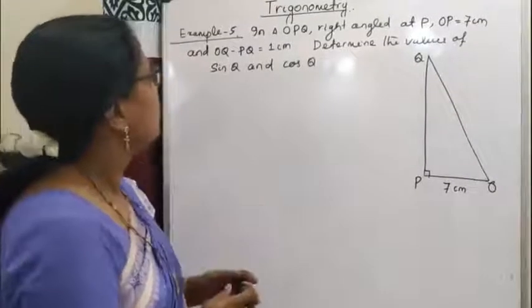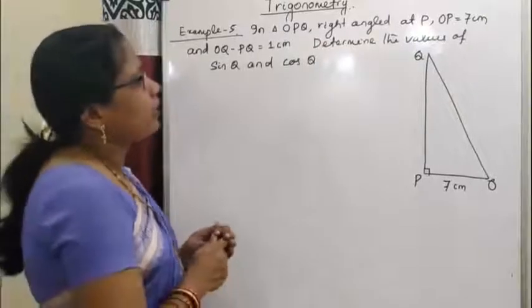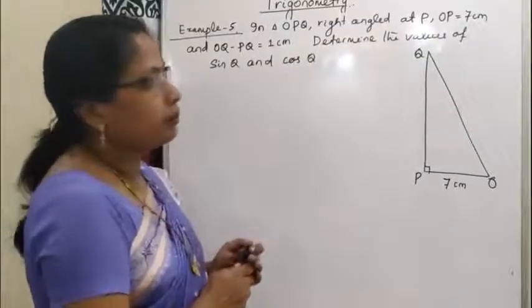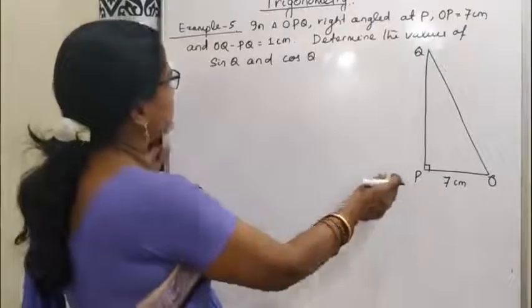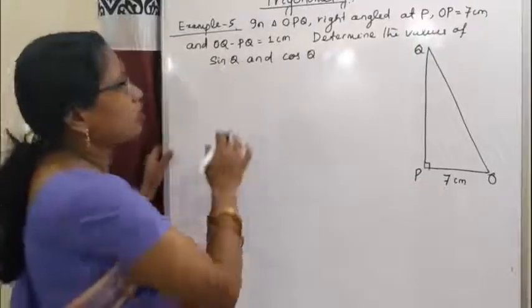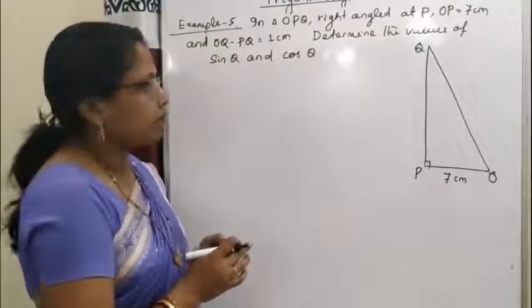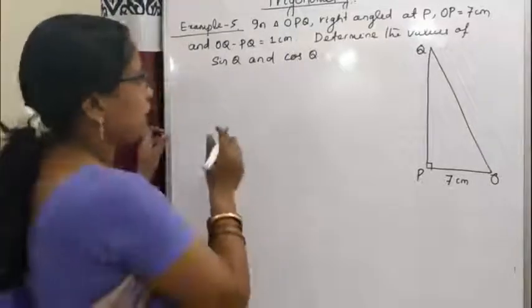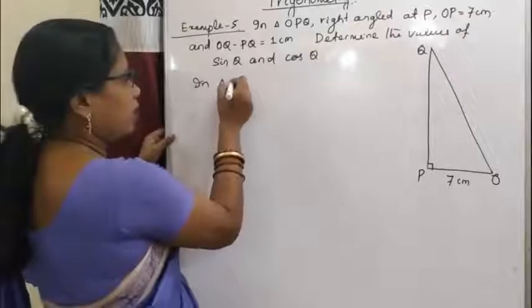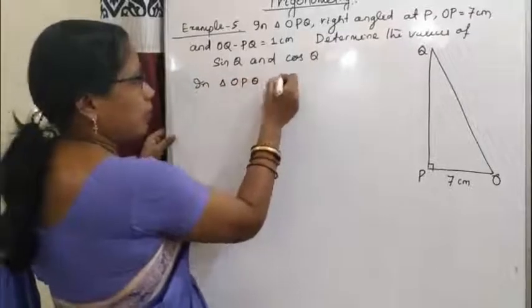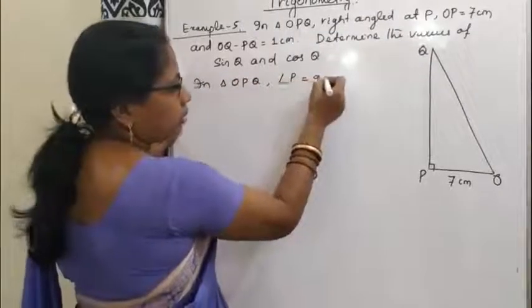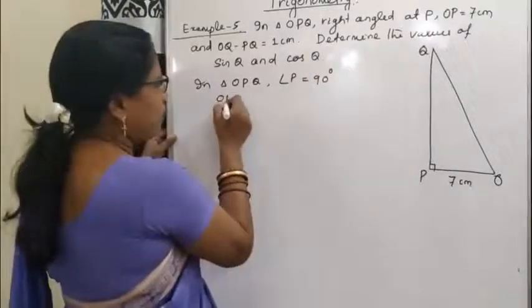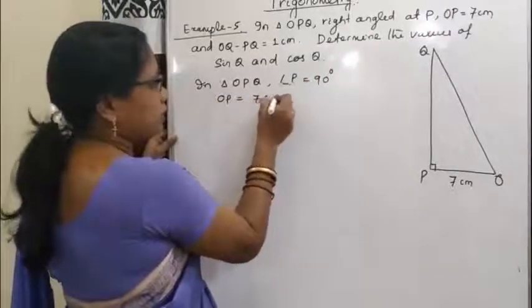Next example. In triangle OPQ, right angle at P, OP is equal to 7 centimeter and OQ minus PQ is equal to 1 centimeter. Find the value of sin Q and cos Q. So what is given? In triangle OPQ, angle P is equal to 90 degrees and OP is equal to 7 centimeter.